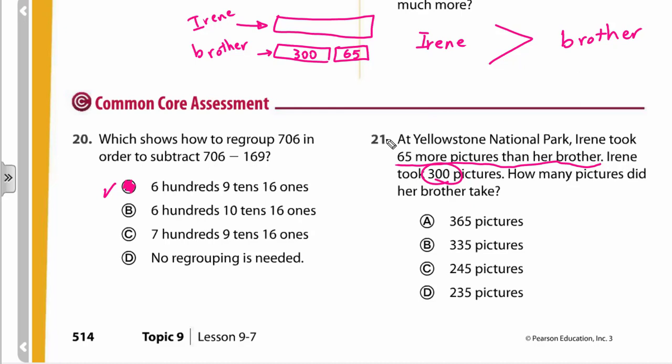Irene has 300 and she took 65 more pictures than her brother. What is the mistake here? The 300 is for Irene or her brother? Irene. Yes, so the mistake here is that I've written the 300 here. I cannot write it here. I should write it at the top. Okay, thank you, Hazim. And Adam, continue.